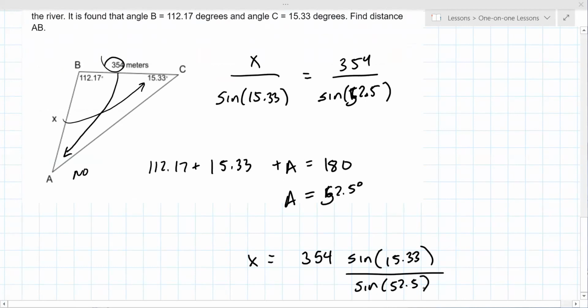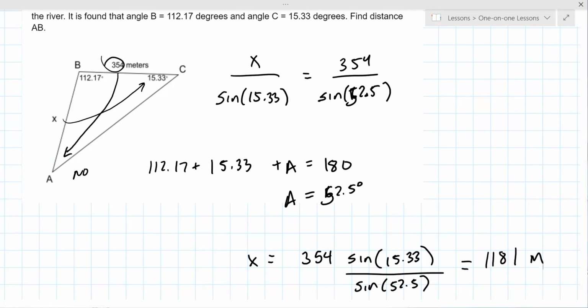Let's see what that is. So we got 354. All right, I got 1181 meters.